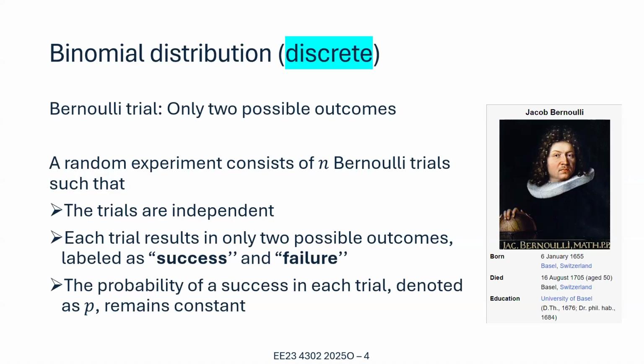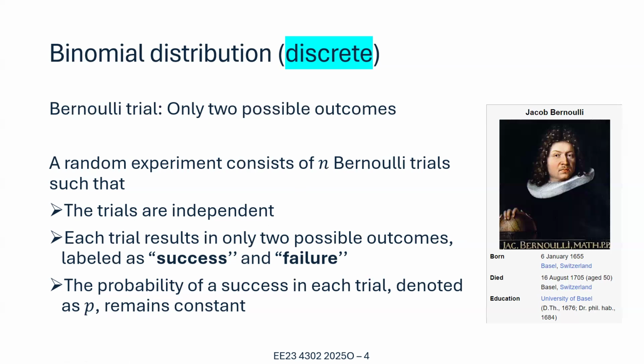This is the trial, or let's say the experiment, where there are only two possible outcomes. So let's say 1 and 0. And a random experiment that consists of n Bernoulli trials will have these characteristics.